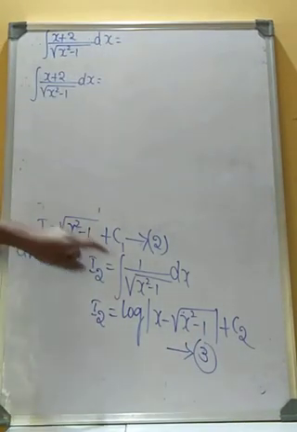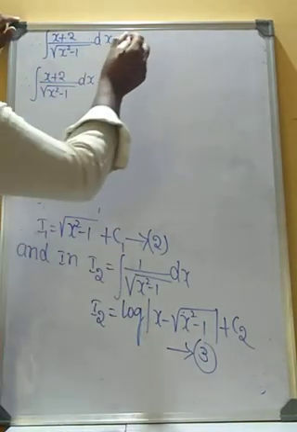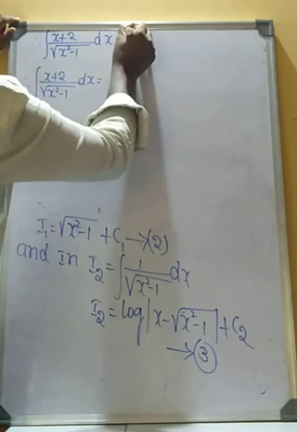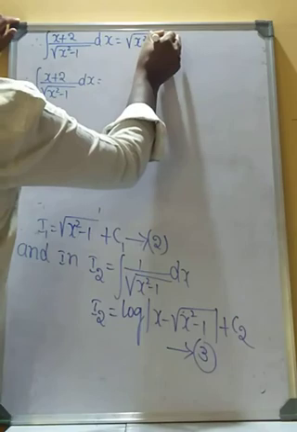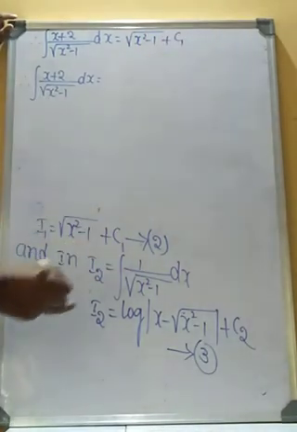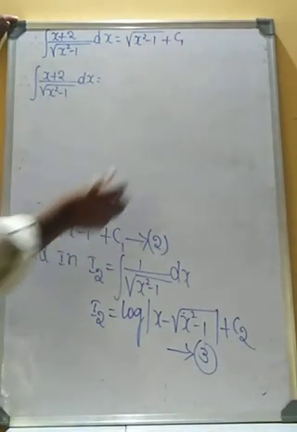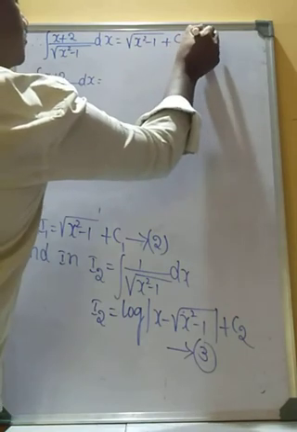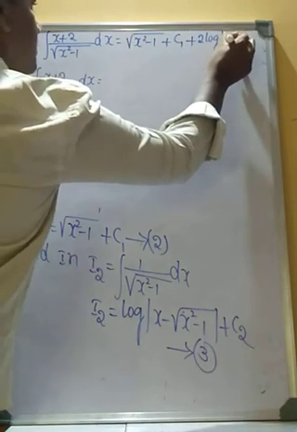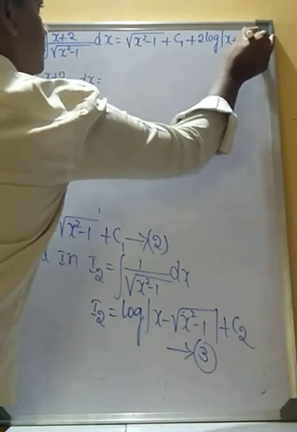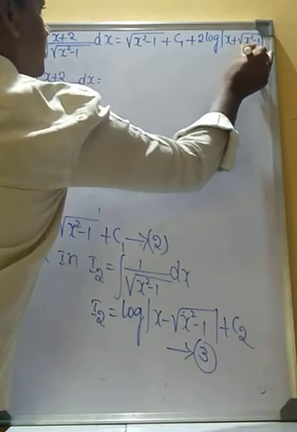Substitute 2 and 3 in 1. That is, I1 is root of x square minus 1 plus c1, I2 is plus 2 into log of mod x plus root of x square minus 1 plus c2.